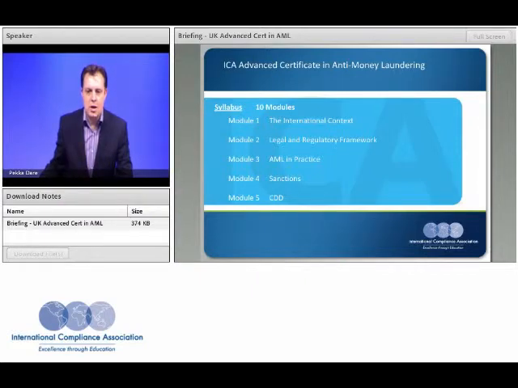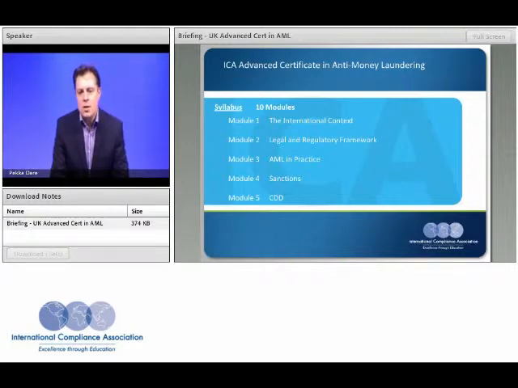So let's look at the actual course content that will be covered typically in the workshops or during your studies. The course is broken down into 10 modules, and the first module is looking at the bigger picture. So what does the concept of anti-money laundering actually mean? What's the latest thinking on how organised crime and corrupt politicians actually hide and conceal their assets?